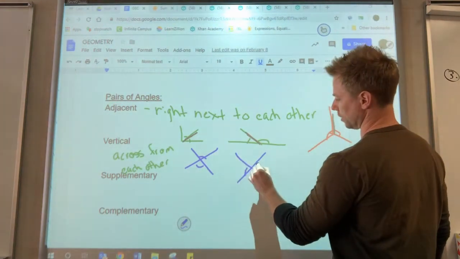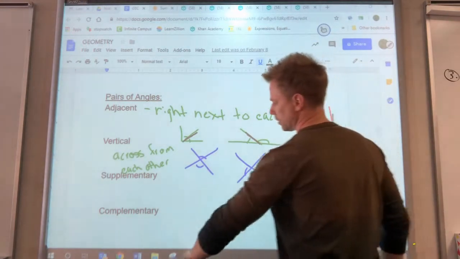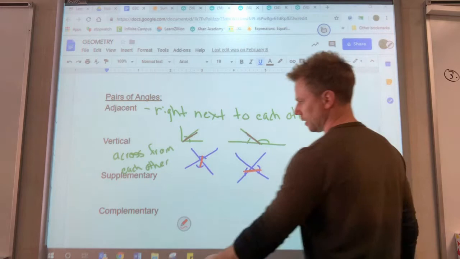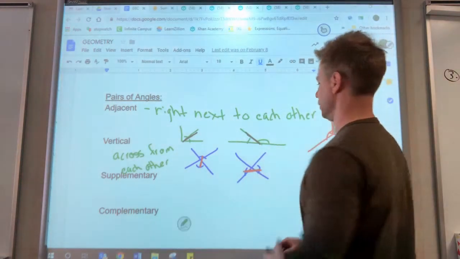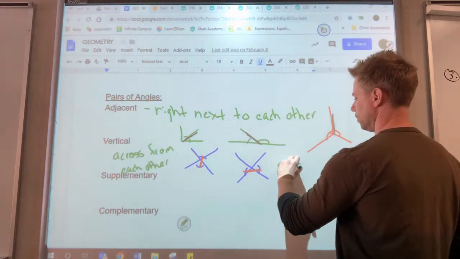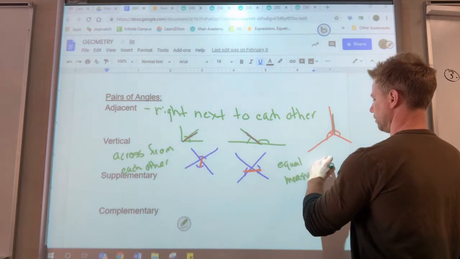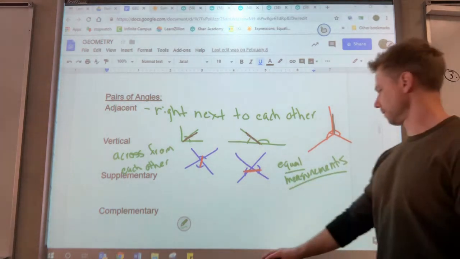Could be angles on the left and the right. They're across from each other. Those are called vertical. And their measures are equal. So let's write that down as well. Equal measurements. Okay.